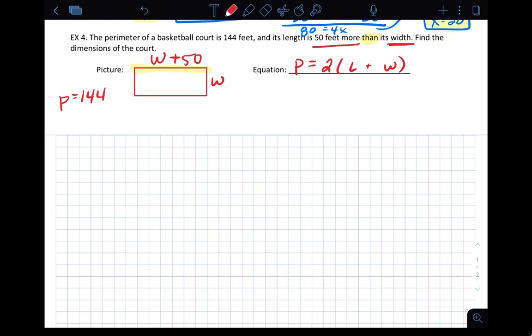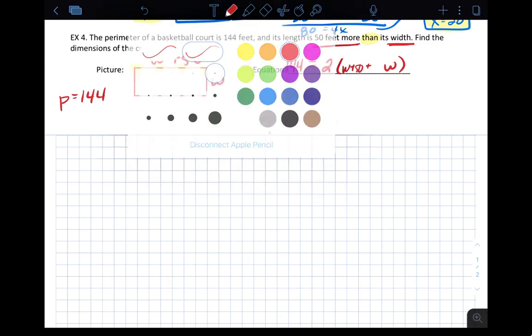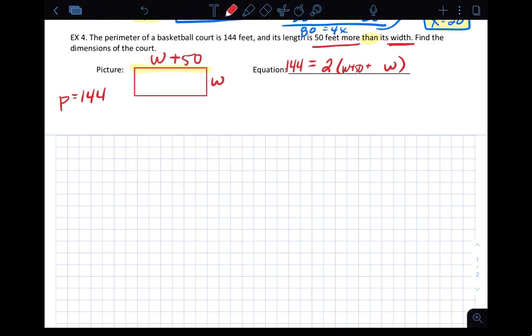And I'm going to go ahead and substitute in all the information I know. The perimeter is 144. The length is going to be W plus 50. And the width is still just W. I'm going to use order of operations to clean up the right side of this equation. So 144 equals 2 times. My like terms are W and W, so that would be 2W plus 50.